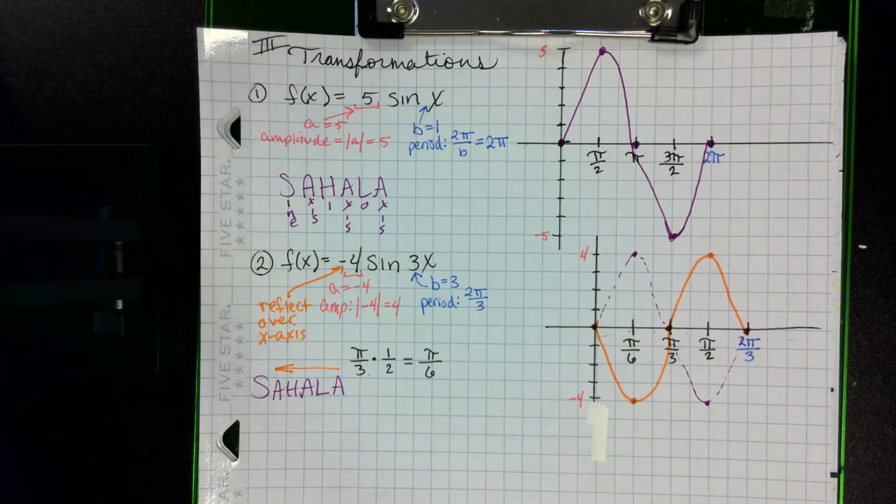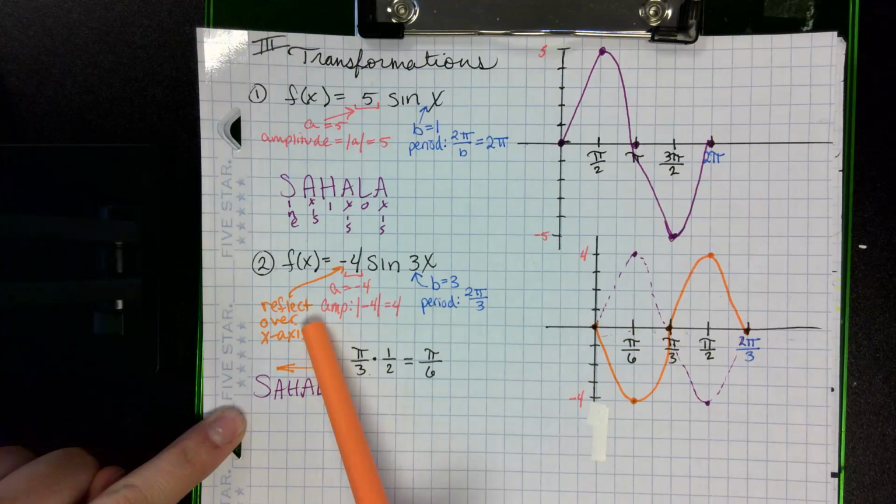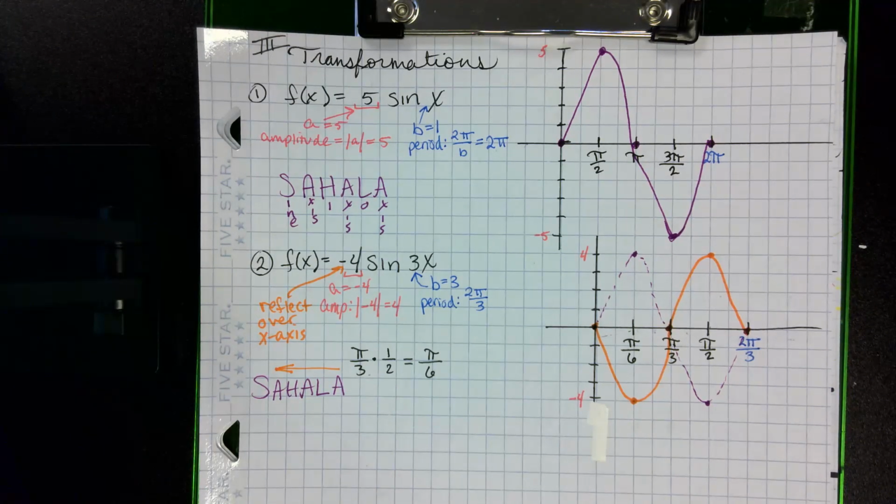It's like taking a trick and then making a trick out of the trick. It's not the best. Sahala is just a way to remember it. So if you're going to remember to do a reflection by doing Sahala backwards, I don't know. I think it's better to sketch it and then reflect the points. But whatever works for you is fine.